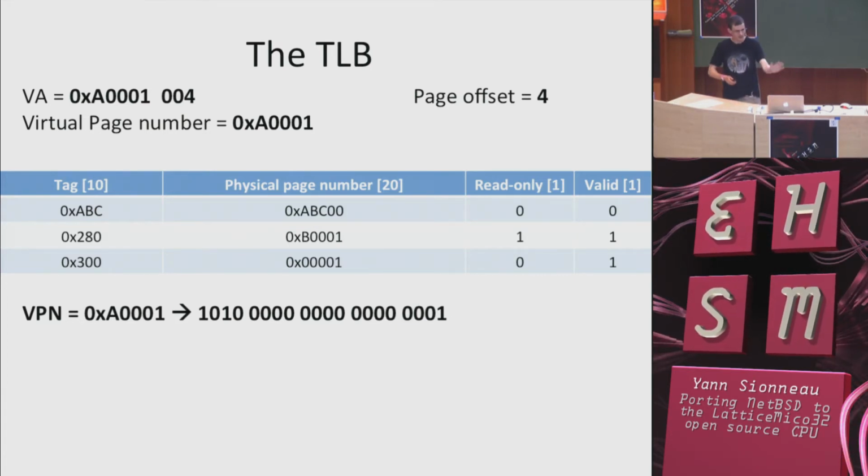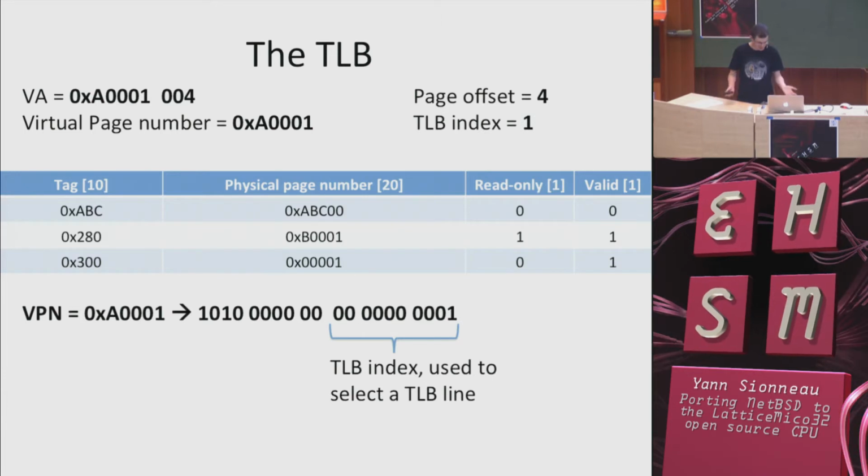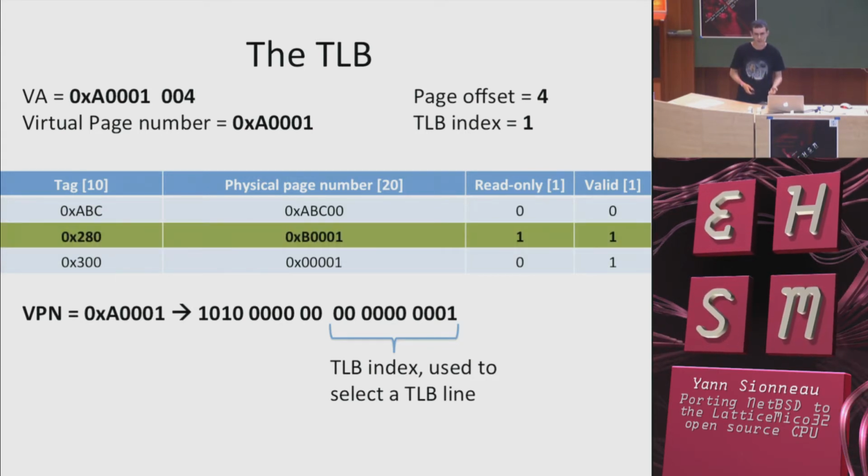I've only written 3 lines here, but keep in mind there are 1,024. So we are choosing the 10 lowest bits of the page number to index our TLB. This is going to choose the line that we're interested in. So it's going to be line number 1, the line in the middle.